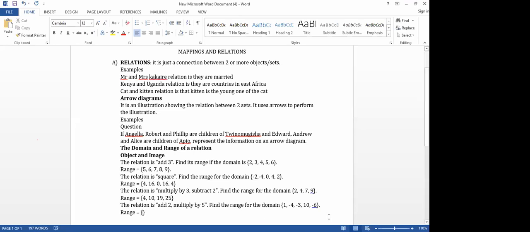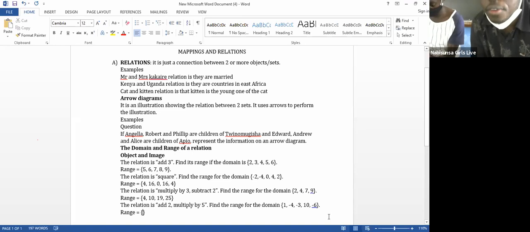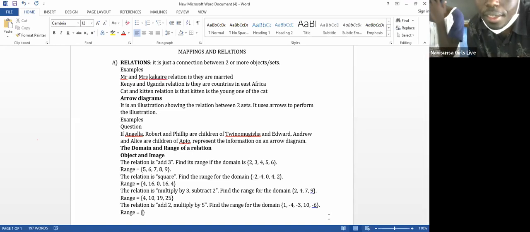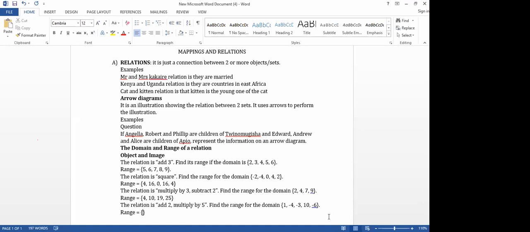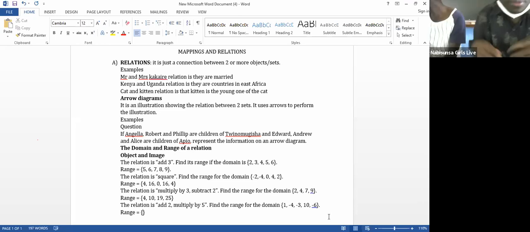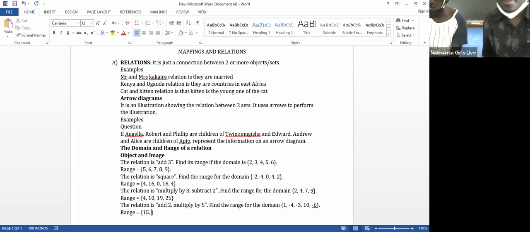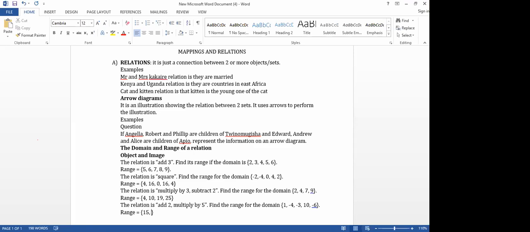Okay. Huda, you are giving me the first image. The first image is what? 15. Wonderful. Peruth, the second image is? -10?